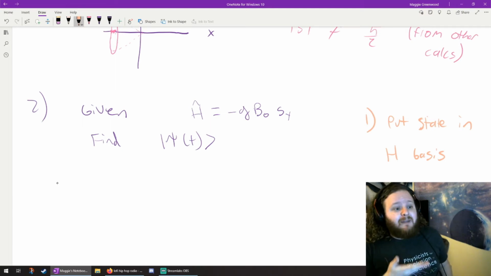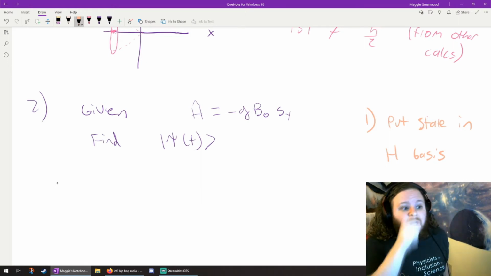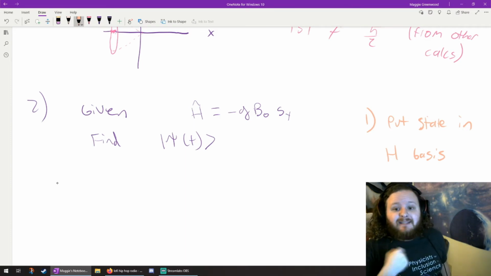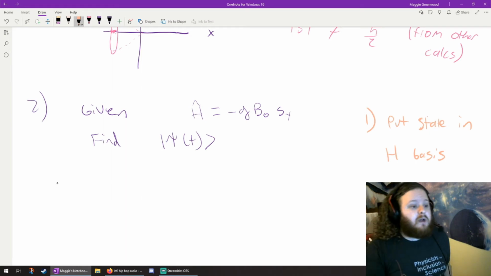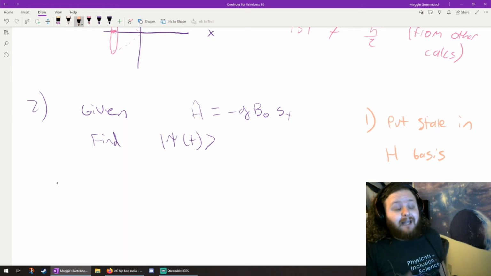The Hamiltonian I'm given is not nicely written, in the sense that the initial state is not an eigenstate of it. Minus x is not an eigenstate of Sy, and this Hamiltonian, while it has units of energy, has a matrix form functionally the same as Sy. So the eigenvectors of this Hamiltonian are plus and minus y, not plus and minus x. That's going to present a problem for us in a minute.